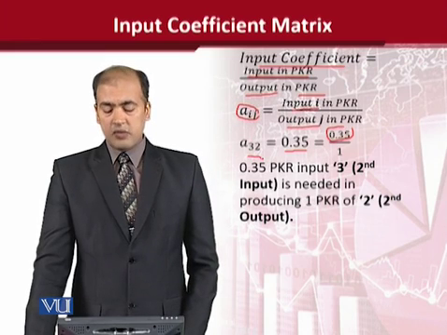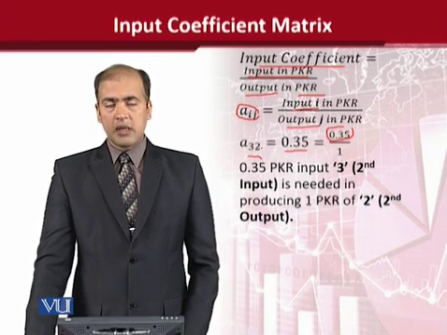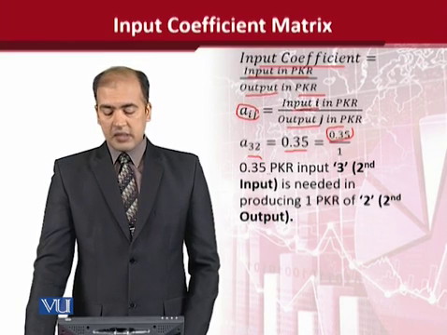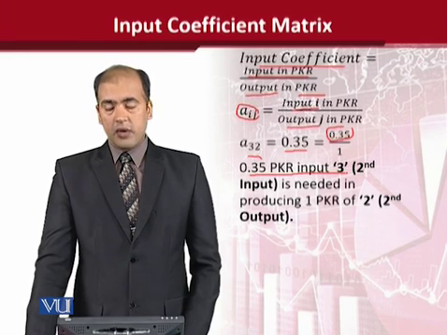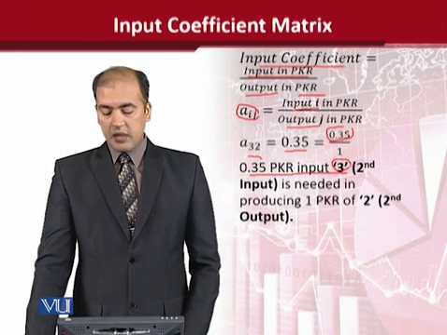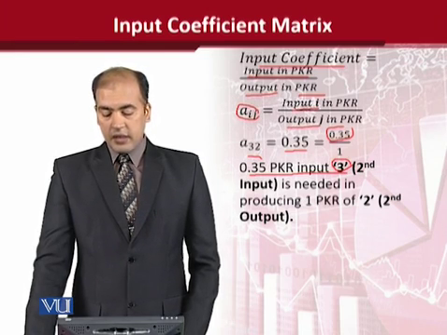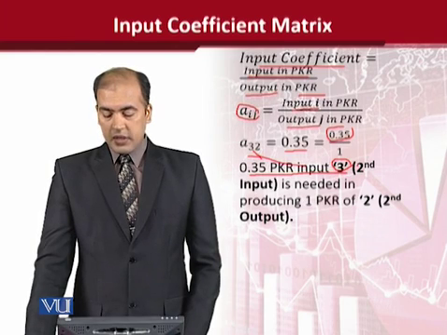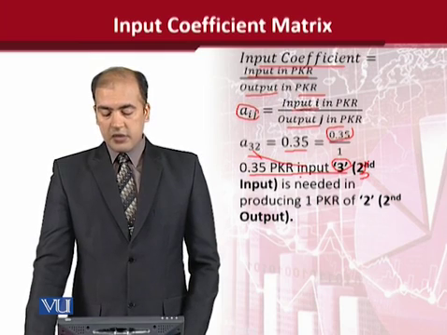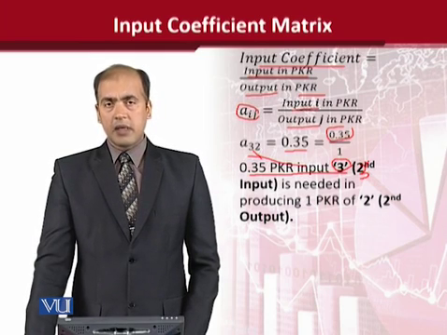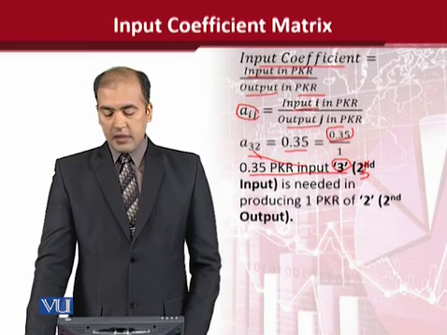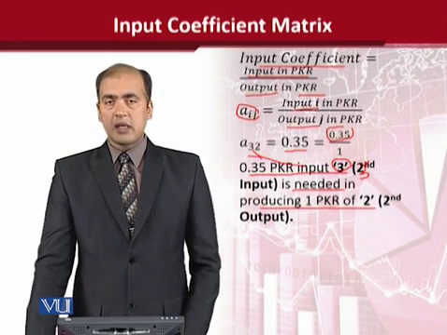If this is the value, for example, of A32 in that matrix, it means that 0.35 rupees of input 3, that is the third input, It should be third, right? It's not the second, it is the third. So 0.35 PKR of the third input is needed in producing 1 PKR of the second output.